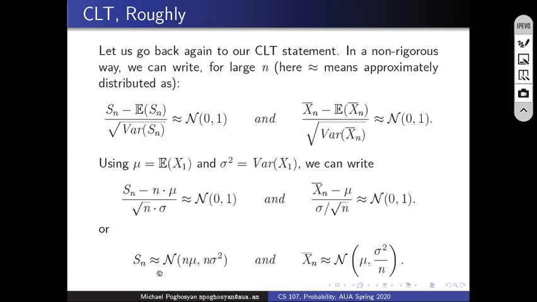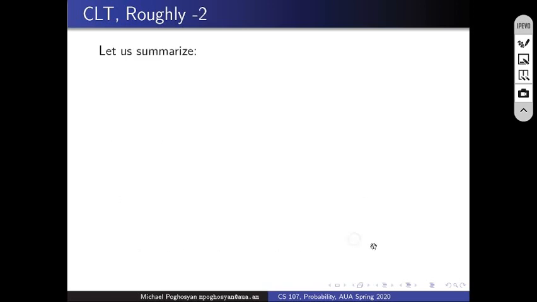Maybe it is better to visualize with Xn bar. If you take a lot of samples of Xn bar and do the histogram, that histogram will very nicely agree, if n is large, with the PDF of this random variable. Try to do that experiment by yourself.